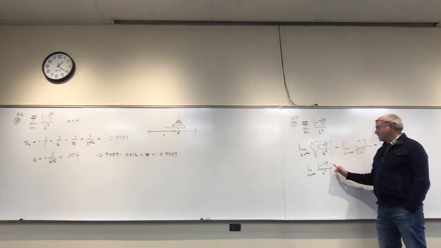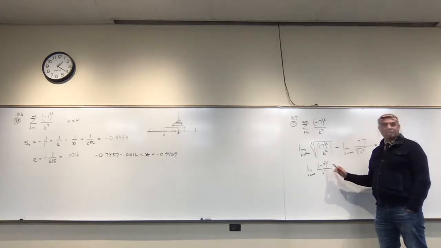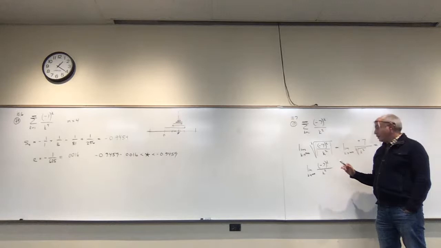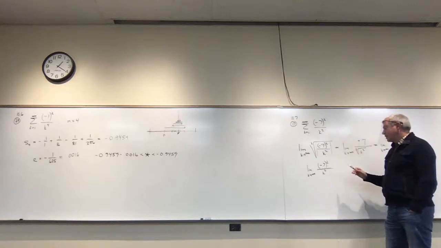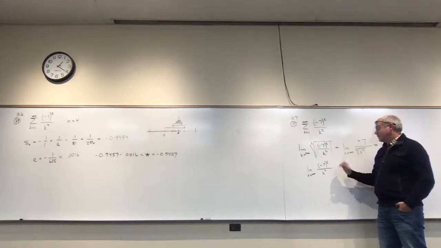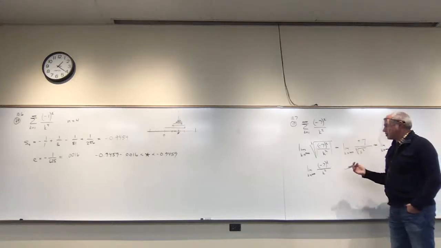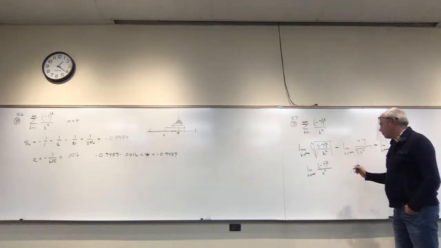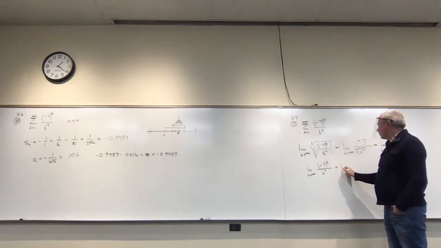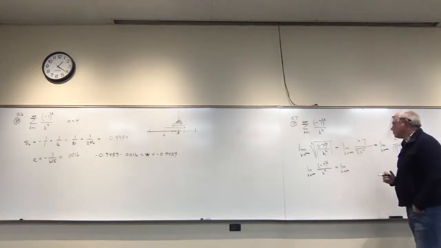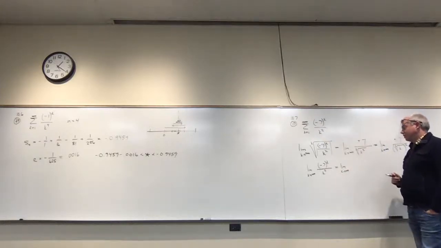It seems like the top is getting bigger faster to me. One other thing to note is that now if this goes to 0, that's okay. If it doesn't go to 0, it's not okay. So let's go ahead and try L'Hopital's rule and see what happens. So we get the limit as k goes to infinity. Can we even use L'Hopital's rule here? What would we get?